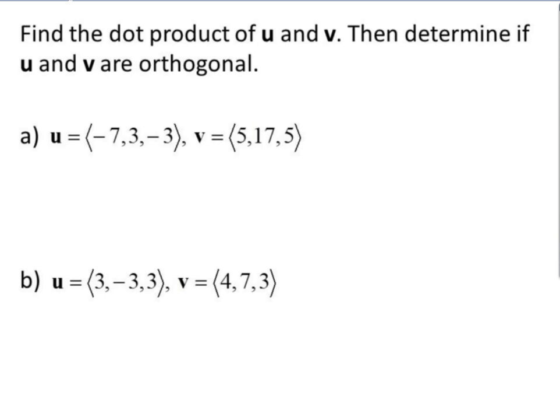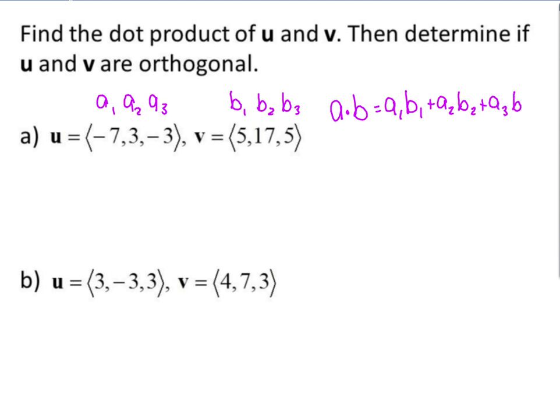So the first thing we're going to do is do the dot product. Remember, your first vector is a1, a2, and a3. The second vector is b1, b2, and b3. The dot product says a sub 1 times b sub 1 plus a sub 2 times b sub 2 plus a sub 3 times b sub 3.